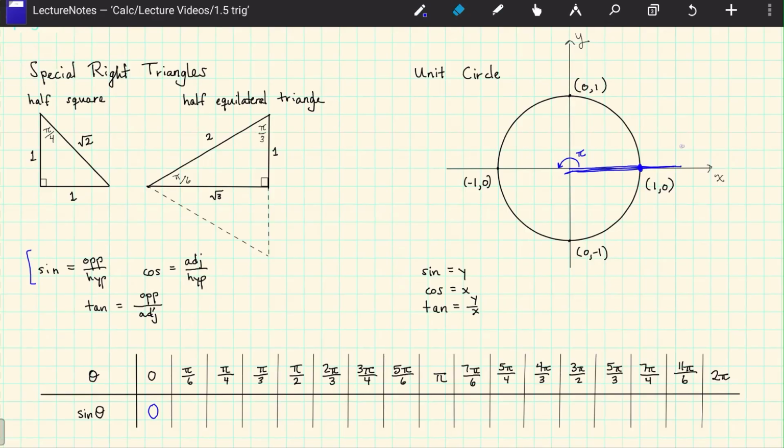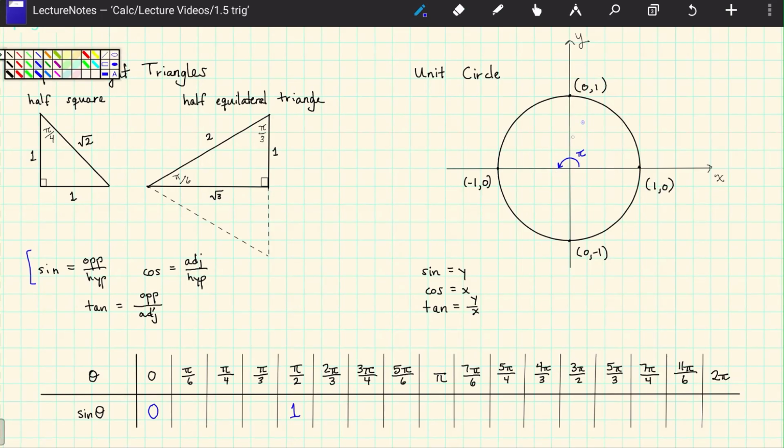And then the next easy one is looking at when my angle becomes pi over 2. Then the y-coordinate there is 1. So I'm going to put a 1 here.